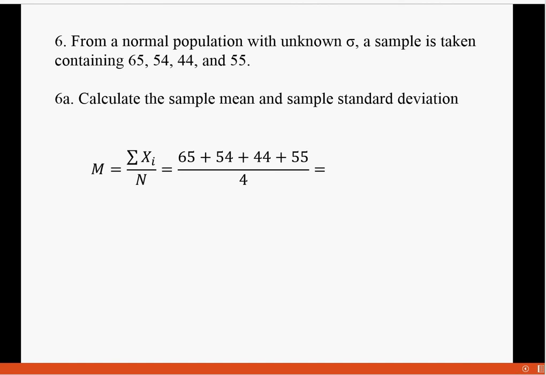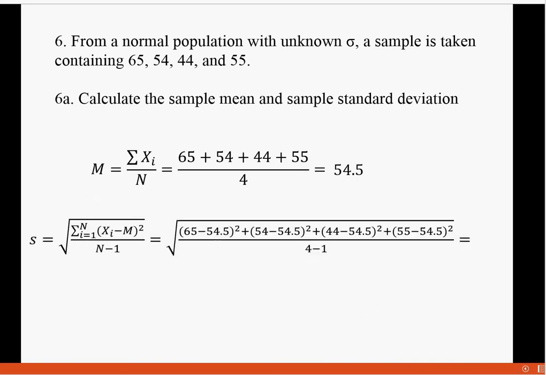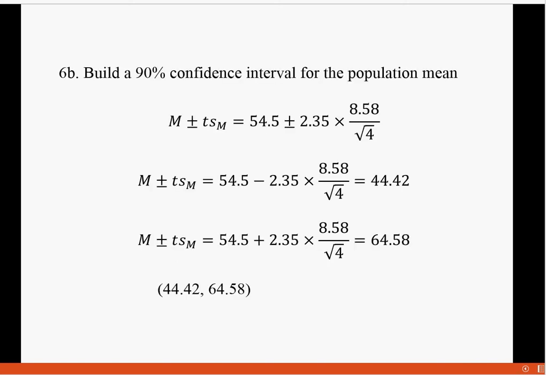Sample mean, this is the formula and this is the result, 54.5. Sample standard deviation, this is the formula and this is the result, 8.58. Based upon this sample mean and sample standard deviation, we can proceed to build confidence intervals.